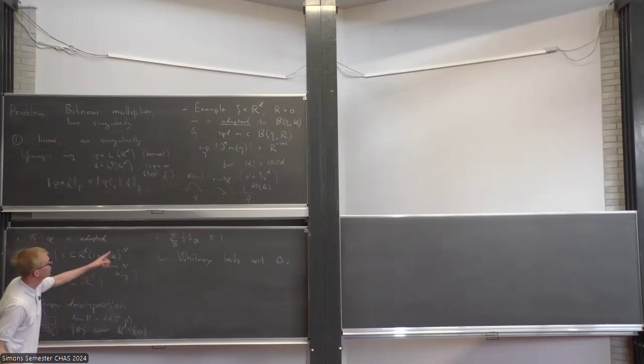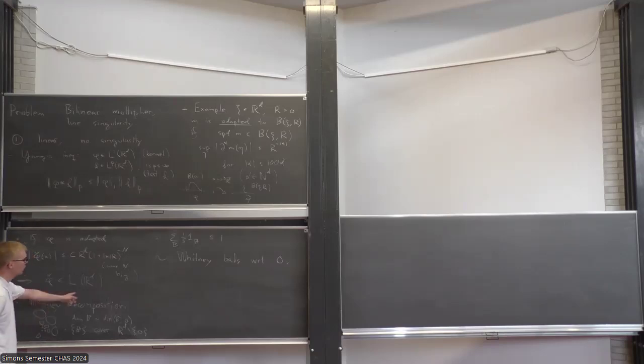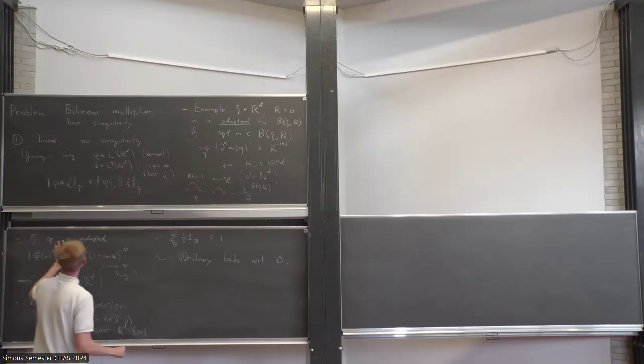Then it's easy to check that you will have a partition of unity in the complement of the origin, and each function in that partition of unity is adapted to a single Whitney ball.